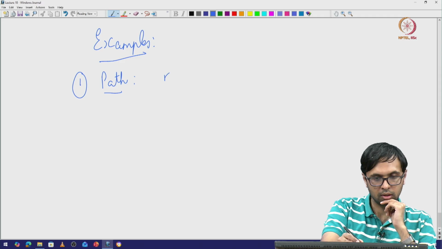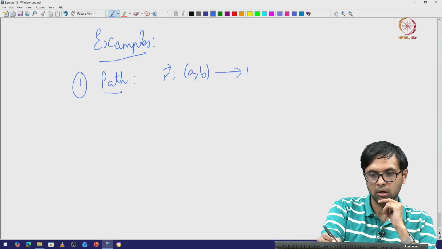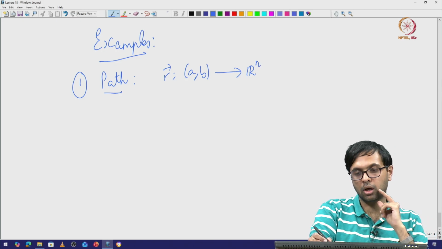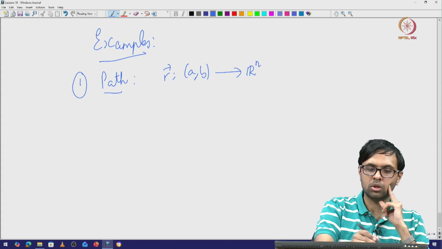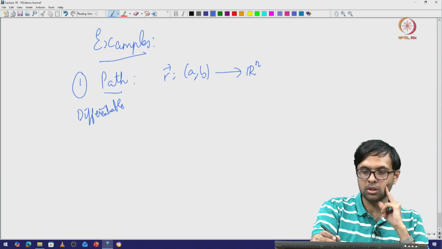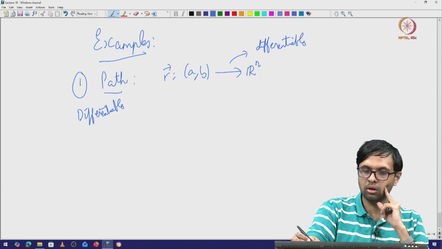Well, a path is, let's take an open interval, simply a function from R to Rn, and so we usually say differentiable path, meaning this is a differentiable function.